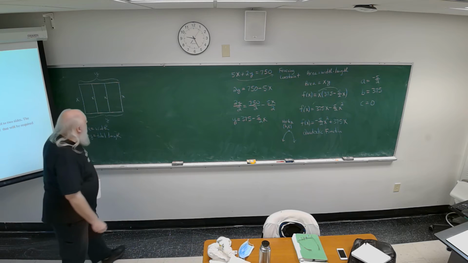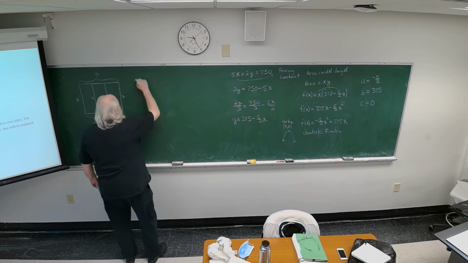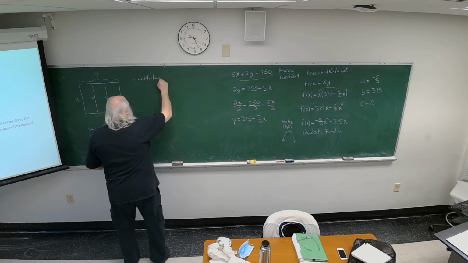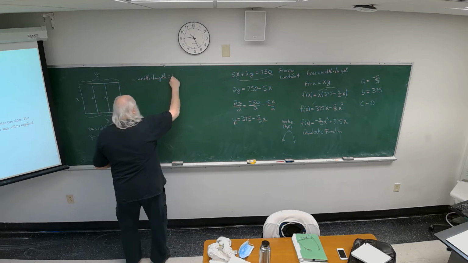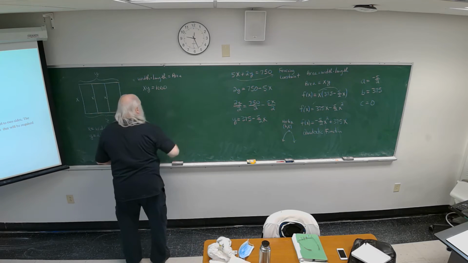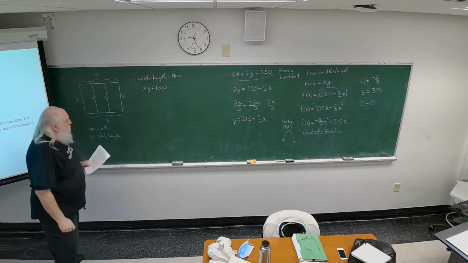Now, the area of a rectangle is width times length. The width is x, the length is y, and the area is fixed at 1,000 meters squared.